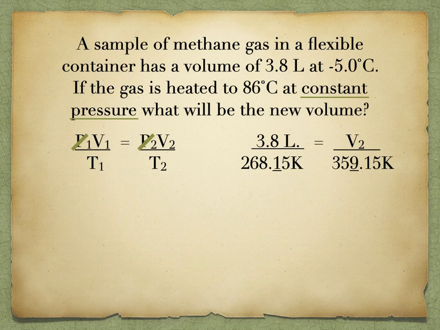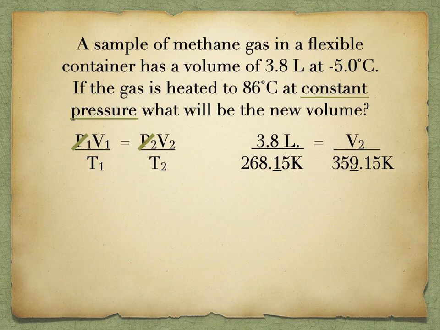So we take negative 5.0 degrees Celsius, we add 273.15 K. If you haven't yet written that in your notes, you need to do that. Degrees Celsius plus 273.15 is equal to degrees Kelvin. We're going to need to round that off to the tenths place, but I'm going to go ahead and just underline that right now and wait till the end to round off for significant digits. 3.8 liters on the top.